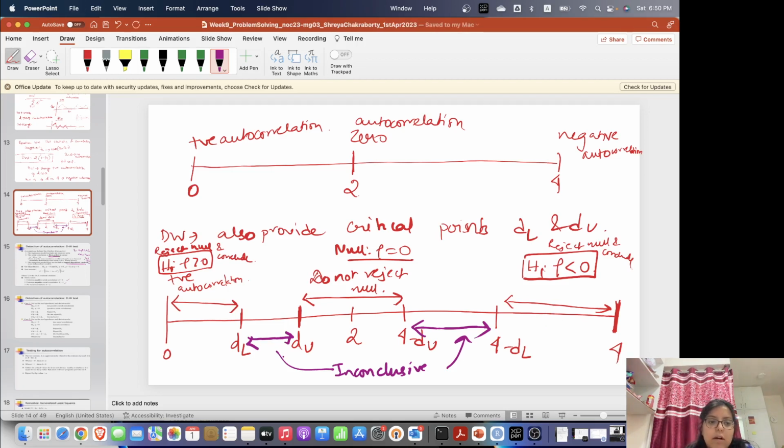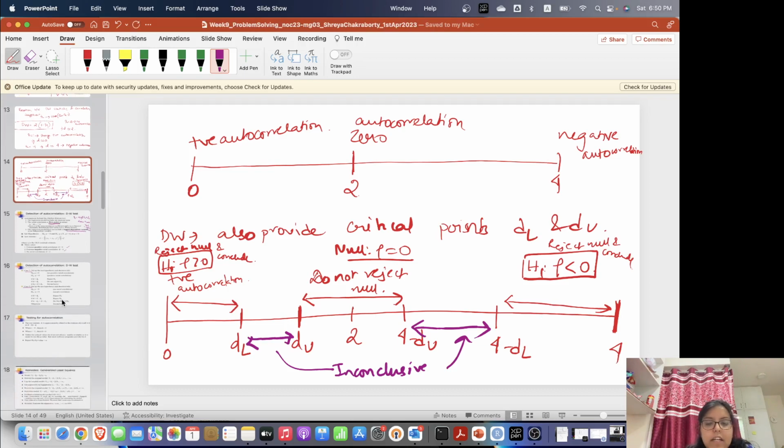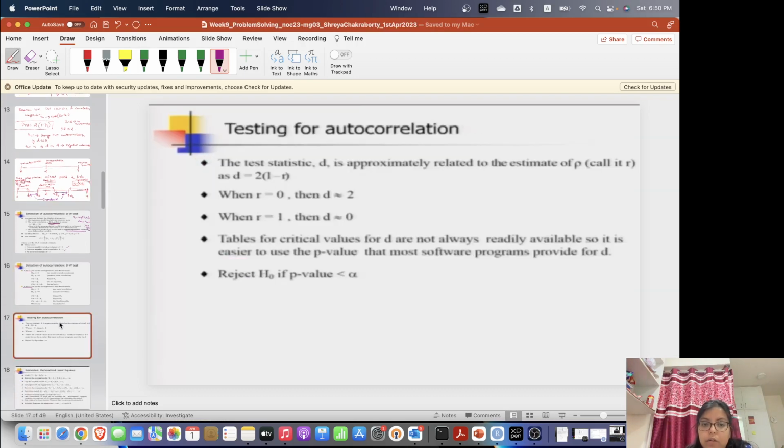Now this was all about detection. After detecting, what are we going to do?